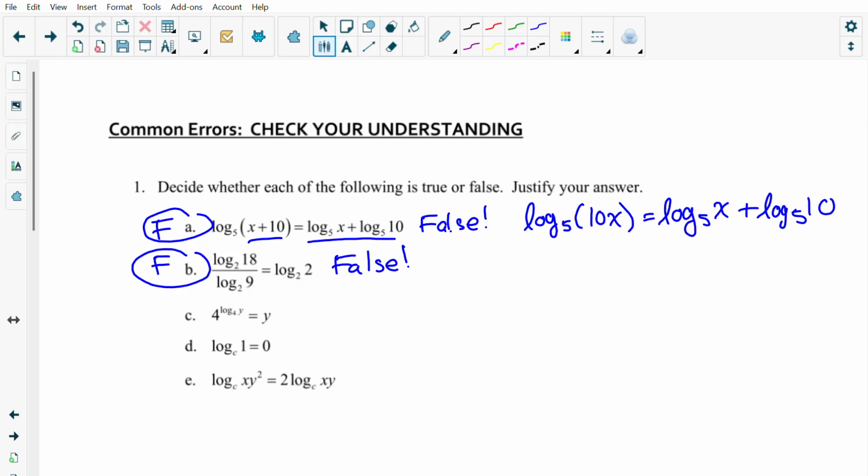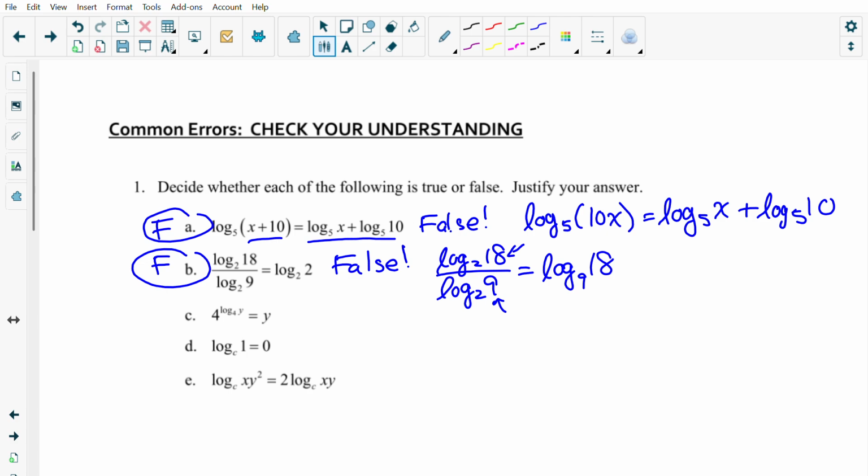If I'm doing this correctly, the change of base identity says this, right? If I combine the logs, remember this number 9 becomes your base, and then this number 18 is your new argument when you are doing the change of base identity. So it should be log base 9 of 18. This is the correct way to apply the change of base identity.